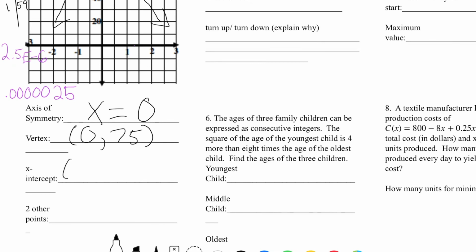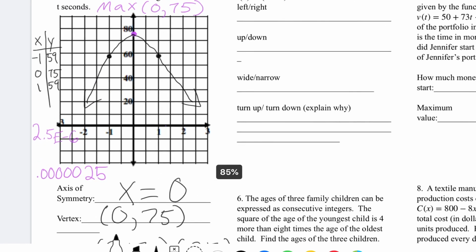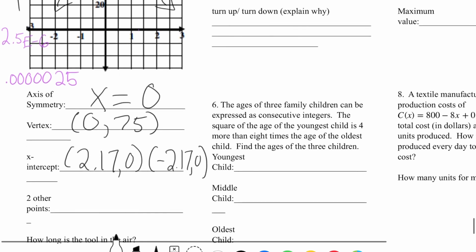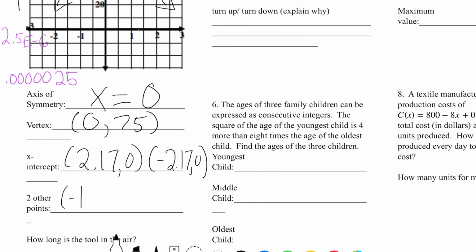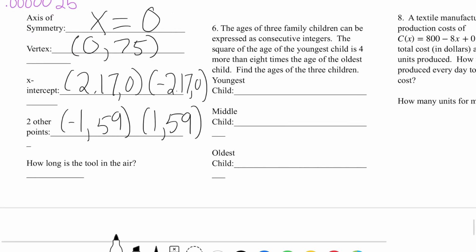And they should be 2.17, 0, and our negative 2.17, 0. Then it asks for 2 other points. Well, when I graphed it, I had my other 2 points, those black points. So we have our negative 1, 59 and our positive 1, 59. I found those again by going to second graph to go to the table on the calculator.